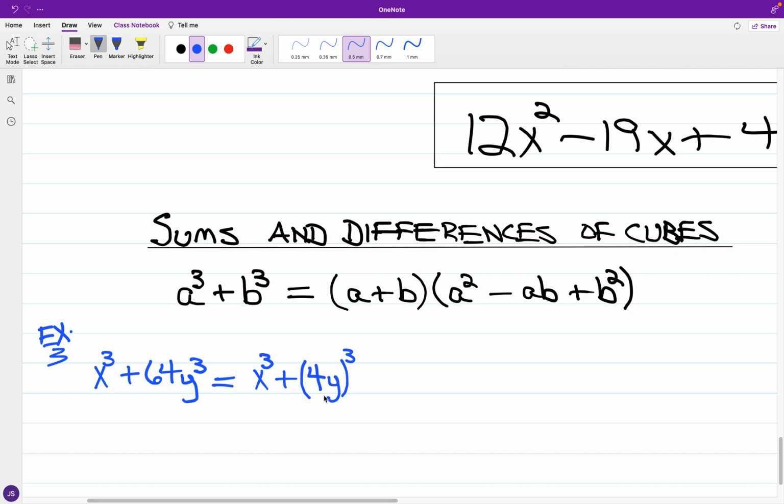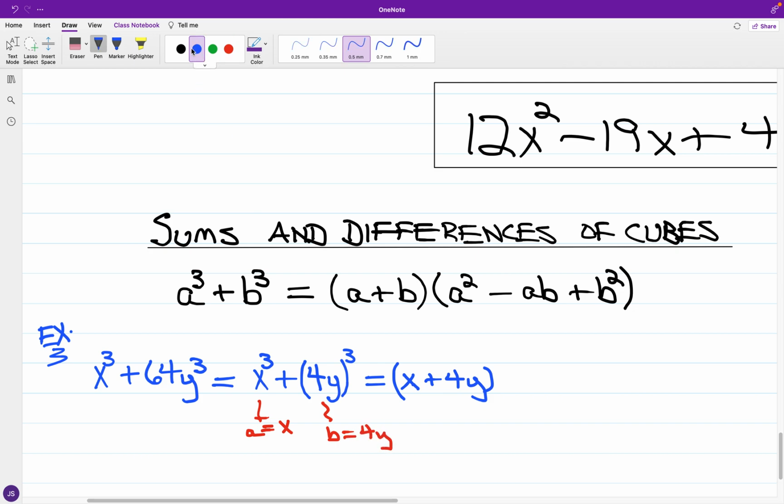So think of 4y times itself three times giving you 64y to the third. In a sense, a is in reference to x, and b is in reference to 4y. So for a plus b, we'll have x plus 4y, and say a is equal to x, b is equal to 4y.